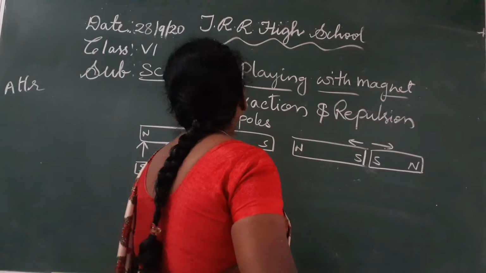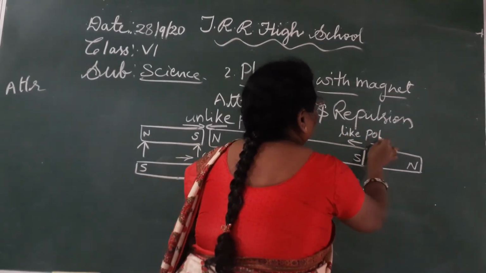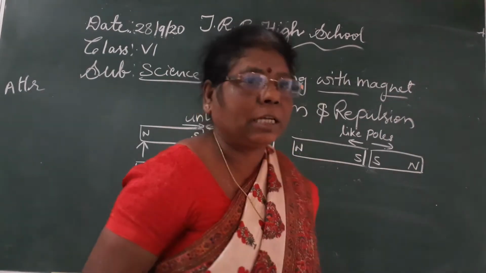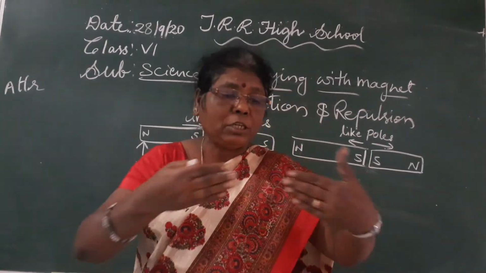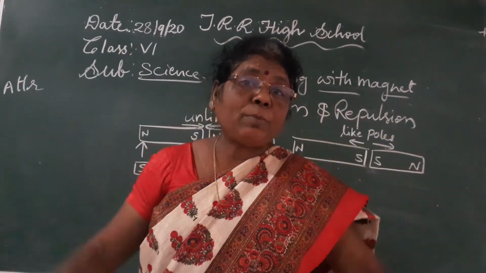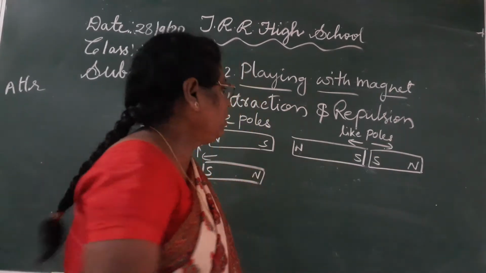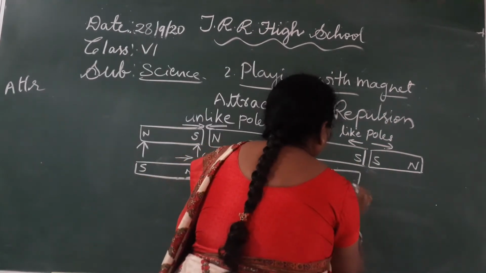These are called like poles. Like poles always repel each other. Repulsion means moving away from each other. It is called the repulsion property.